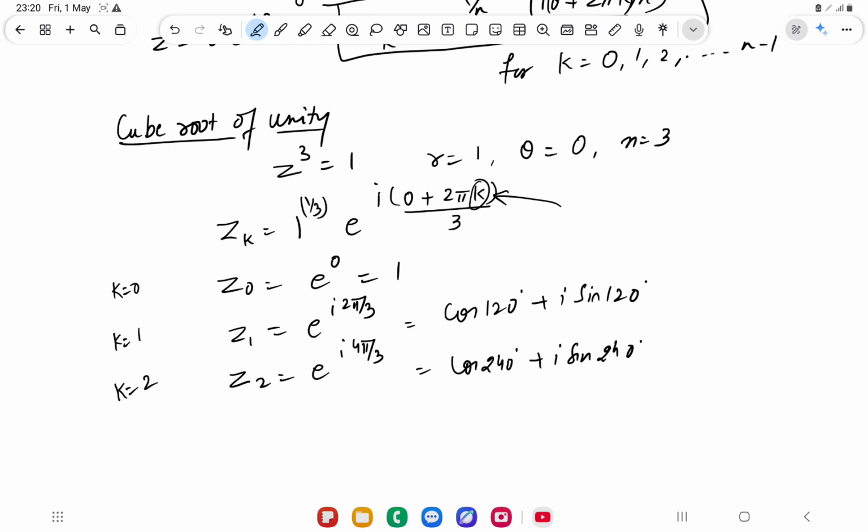Now we can draw an Argand diagram showing 3 equally spaced points using a unit circle from this also. If you see all 3 roots z0, z1 and z2, they sit equally spaced on the unit circle. This will always happen with the nth root. They will be equally spaced by 2 pi by n.